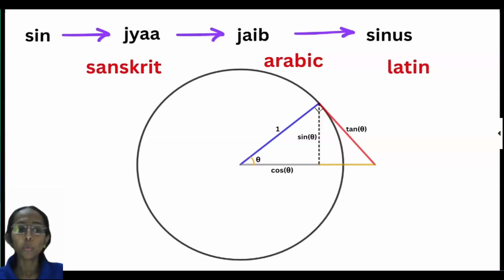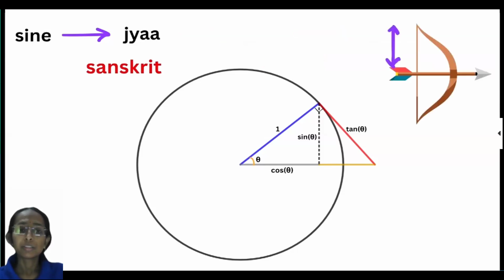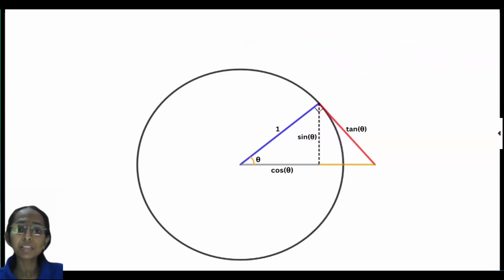And here we get the name sine theta, which we call it right now, because this region is making a bow-like shape. The sine was initially derived from jaya, that is a bow-like shape. So the word sine came because in this circle, this shape was bow-like.